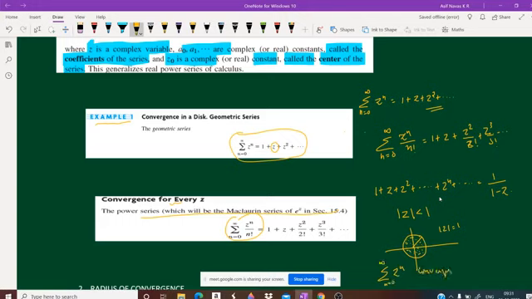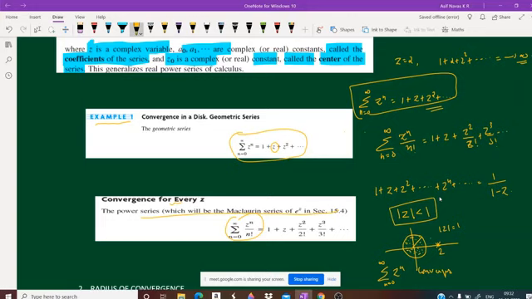If you take any point outside the circle, say 2, does it converge? Is this sum finite? No, because if z equal to 2, then we know that 1 plus 2 plus 2 squared plus etc. goes to infinity. So this series converges only when mod z is strictly less than 1.